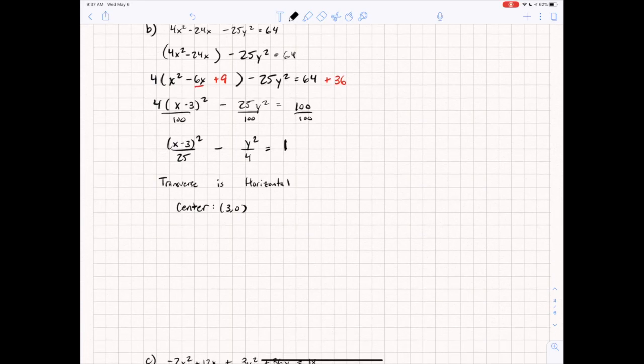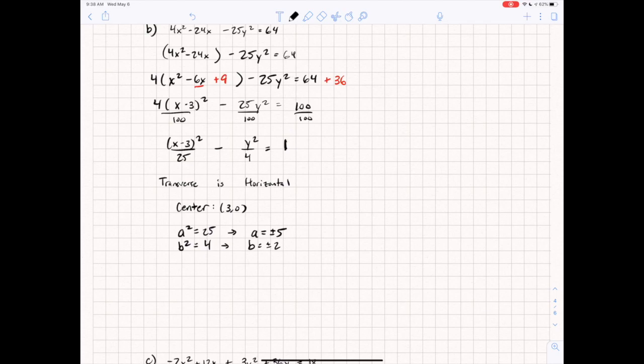So that means when I find my a, so in this case, a squared is equal to 25. This is telling me that a is equal to plus or minus 5. This gives me the steps to my vertices since I'm moving horizontal. For my b, I get b squared is equal to 4, aka b is equal to plus or minus 2.